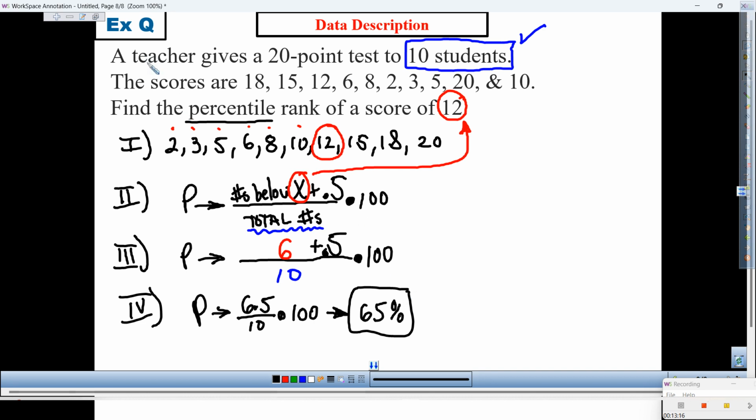It says, a teacher gave a 20-point test. So what does the 12 stand for? The score of a test. Is that correct? So then I'm going to write my answer.